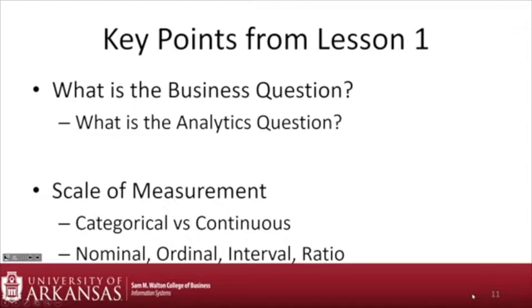Scale of measurements: there's a good chance I could give you a variable, multiple choice. Is this a categorical or a continuous variable? Is this a nominal, ordinal, interval, or ratio variable? I'm going way back to week 1. You good with that?